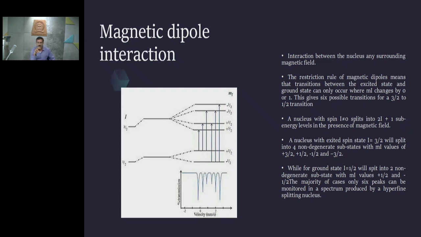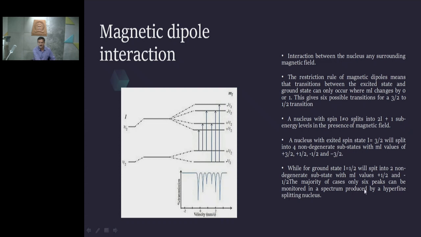Therefore, whenever they split into these sub energy levels, there are 4 non-degenerate substates, that is plus 3/2, plus 1/2, minus 1/2, minus 3/2, and that leads to these peaks. So that way we have these non-degenerate energy levels.